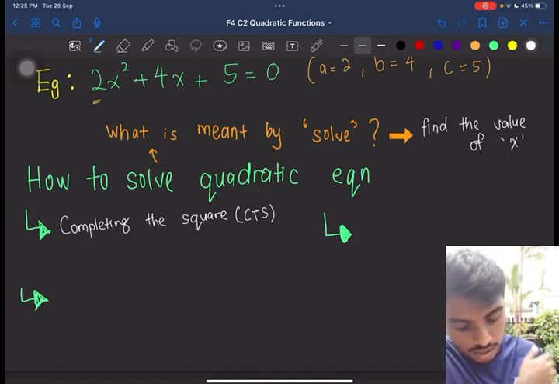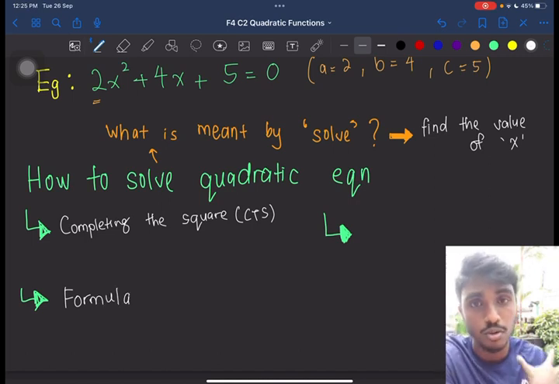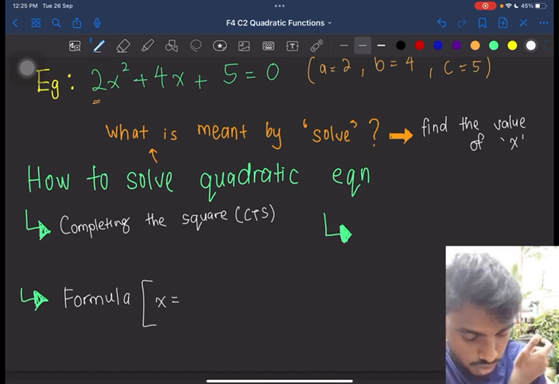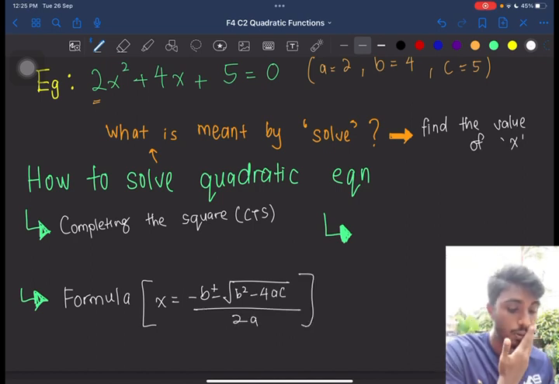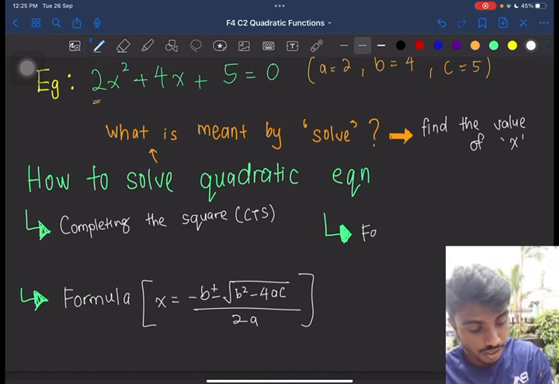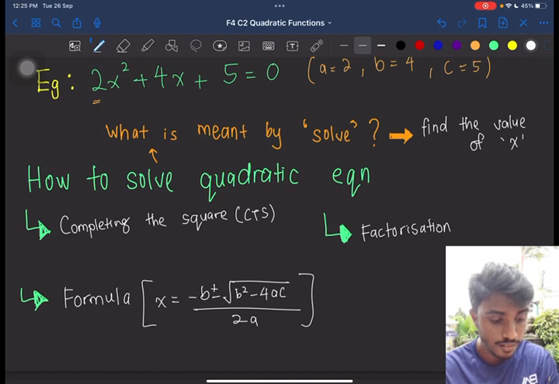Second, we'll use a formula to get the value of x, or solving the quadratic equation, which is known as this formula: x equals to negative b plus minus square root of b square minus 4ac over 2a. This is the formula to get the value of x. And the last one is we can use factorization. This is the easiest one, and we commonly use this method to solve quadratic equation questions.